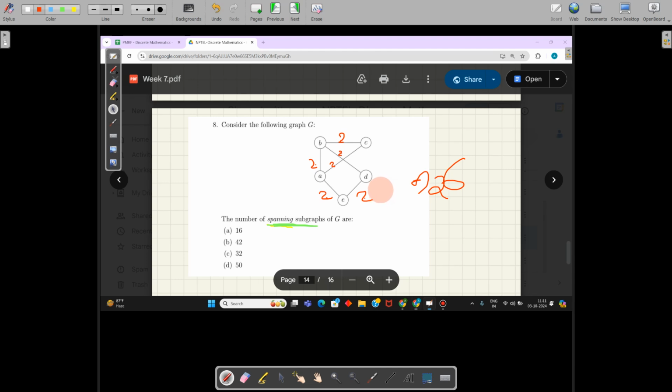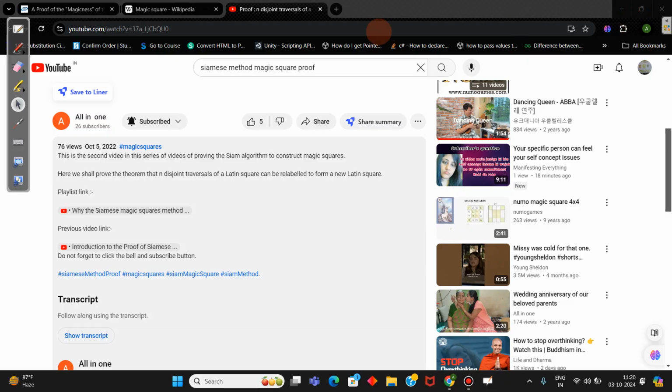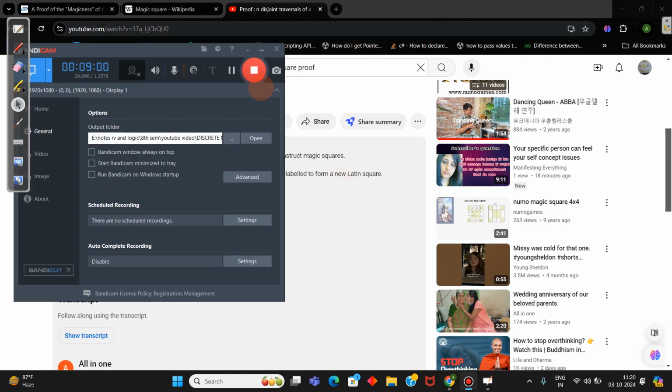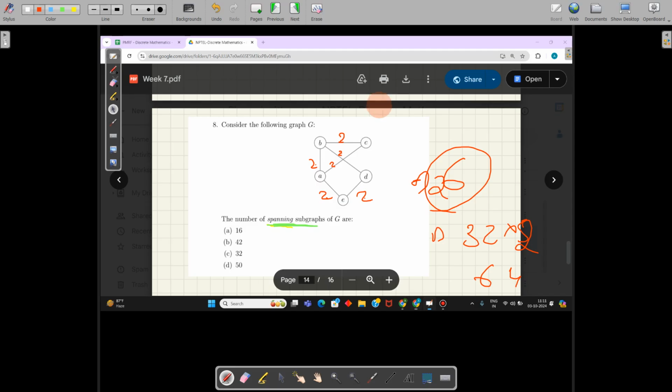All the edges have an option to be present in the spanning subgraph or not, and 6 edges are there. 2 to the power of 5 is 32, into 2 is 64. The answer is 64 only.